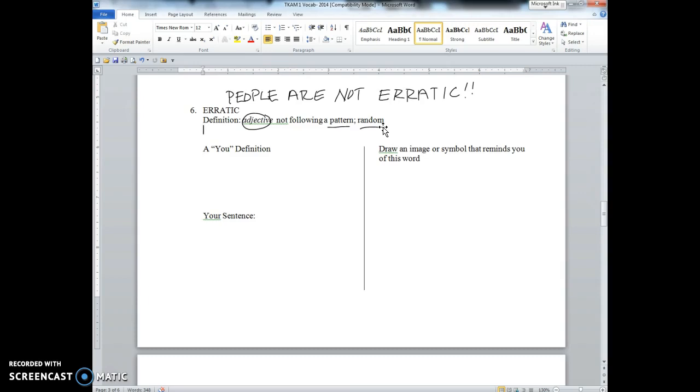So yes, you can use it as an adverb. You can say that paintings can be erratic, but people are not erratic. Their behaviors can be, their actions can be erratic.